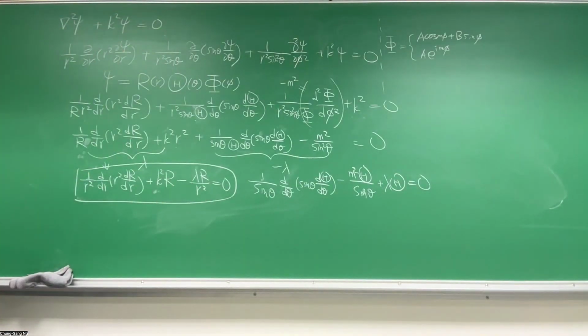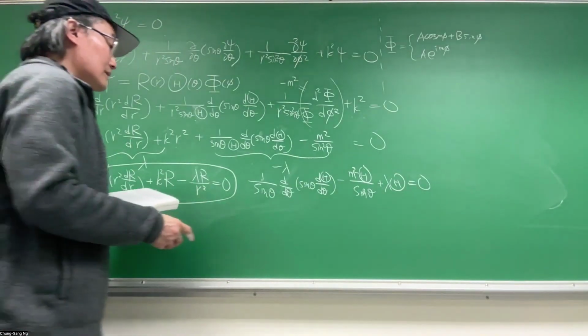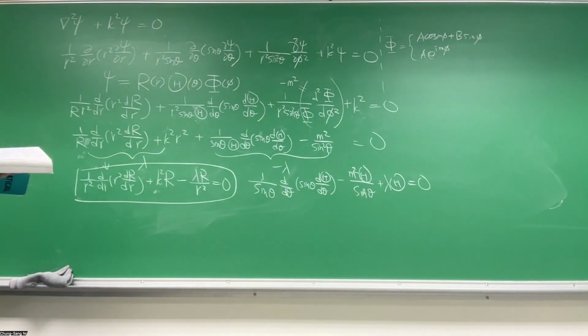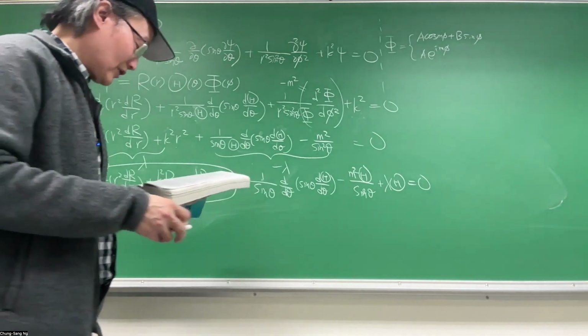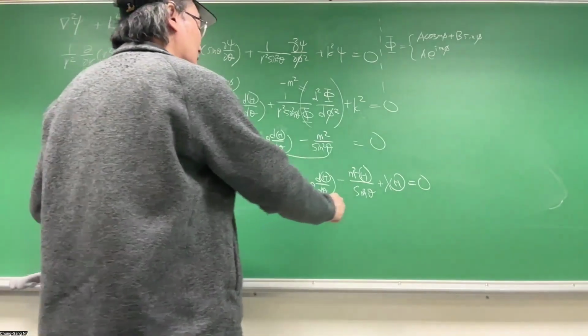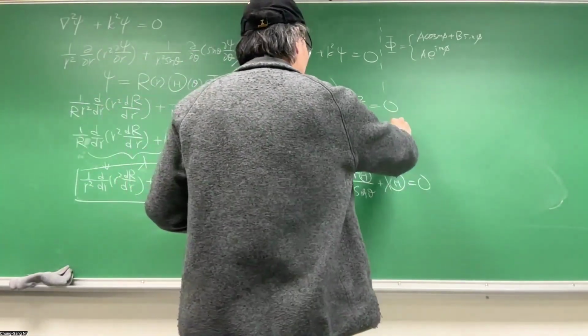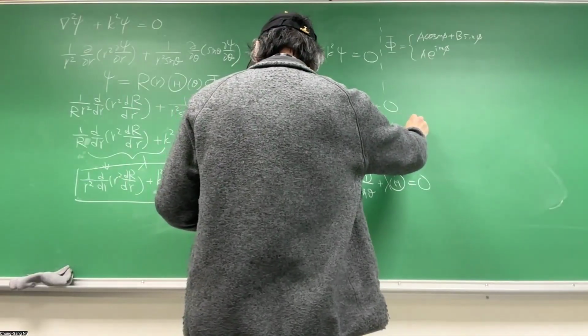Okay. And now this equation, you put in another transformation, what we call the change of variable. Your text will use t equals cosine theta.